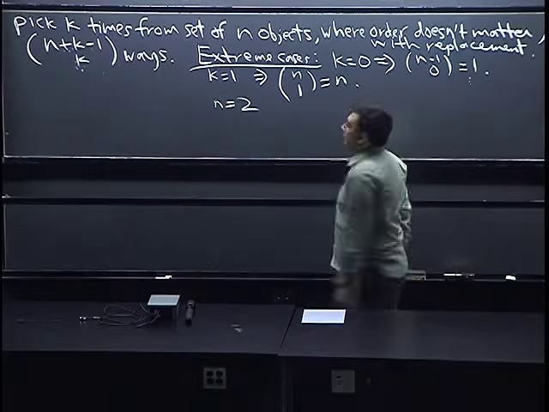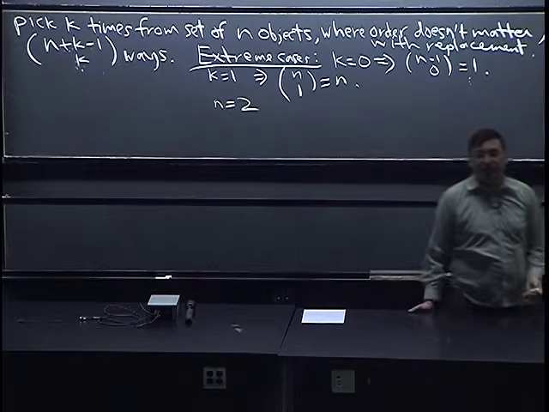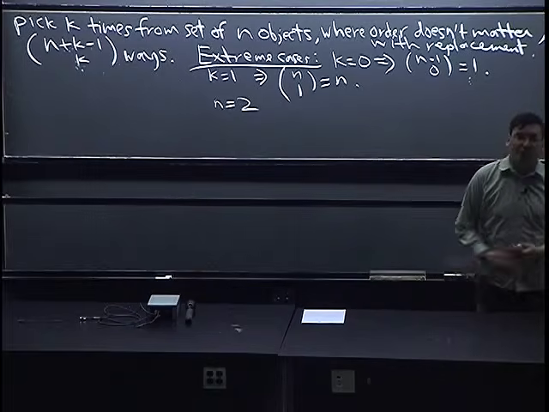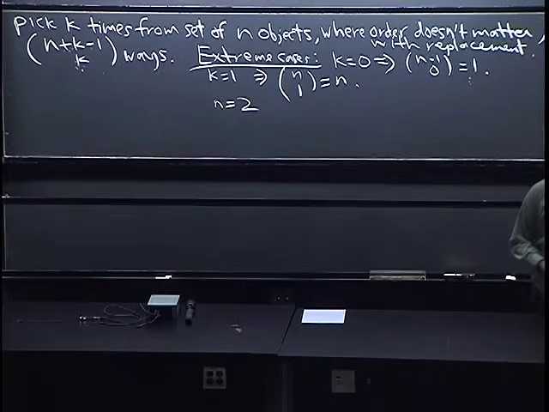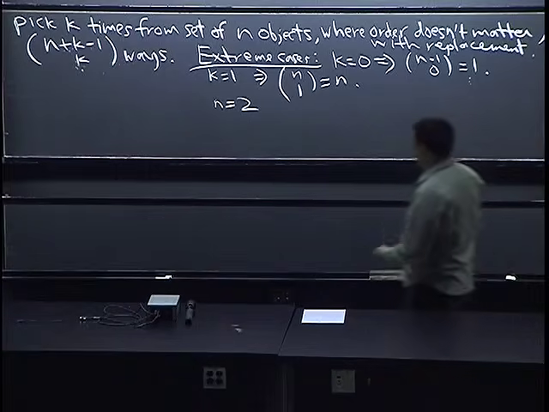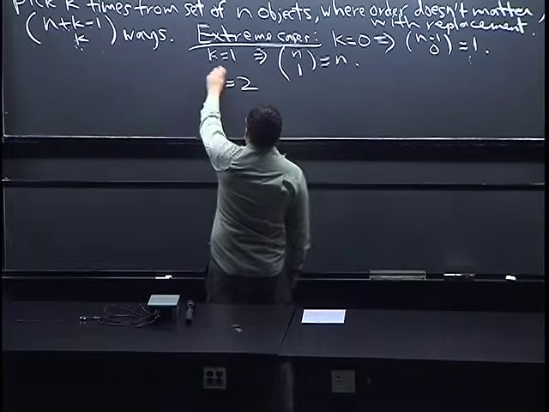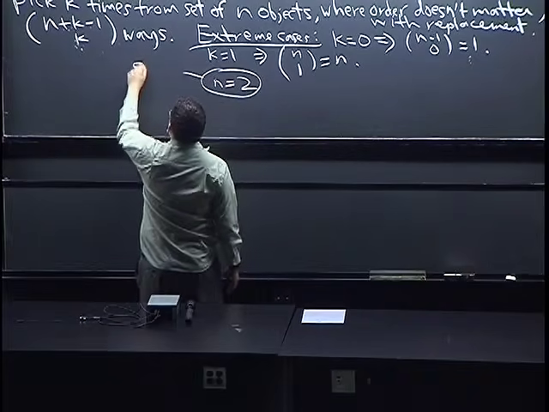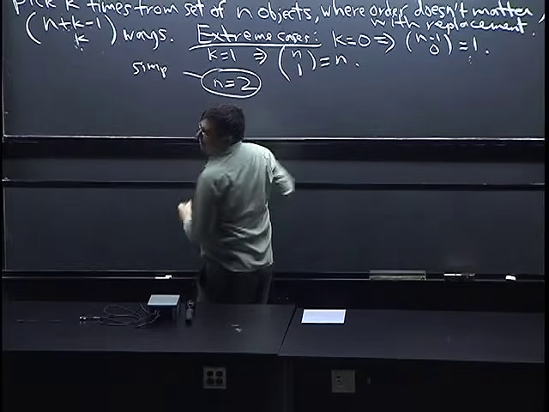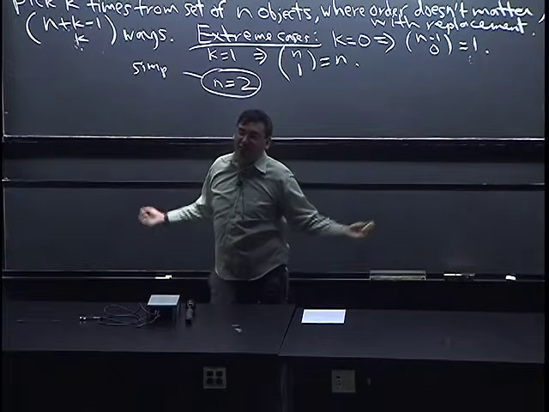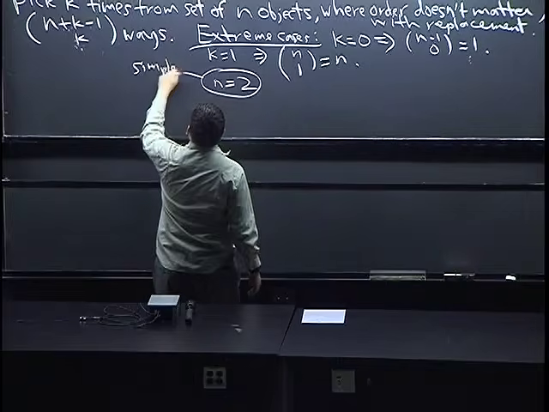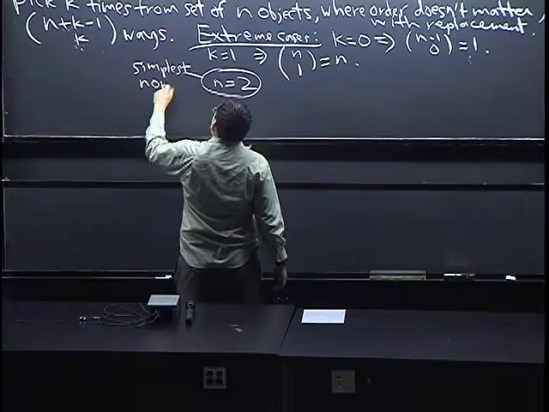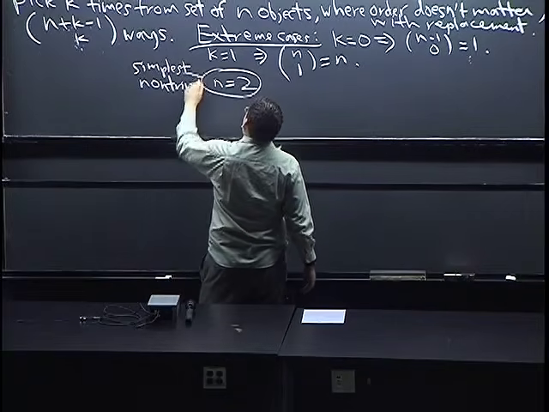N equals 2 is what I would call the simplest non-trivial example. That's one of the best general pieces of research advice: look at the simplest non-trivial example. These other ones are pretty trivial, but they're still worth checking, because if they were wrong, then we know there's something wrong. This is the simplest non-trivial example.